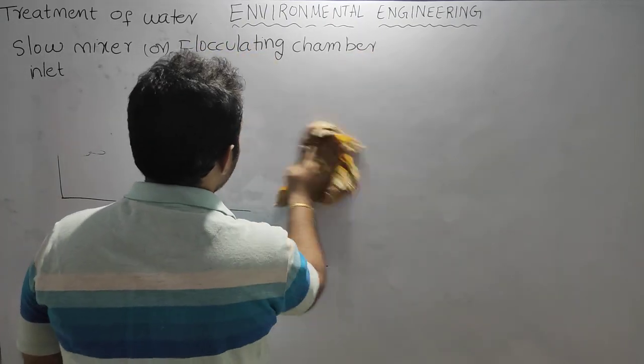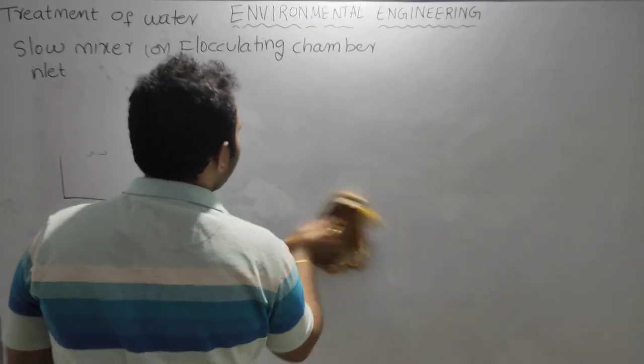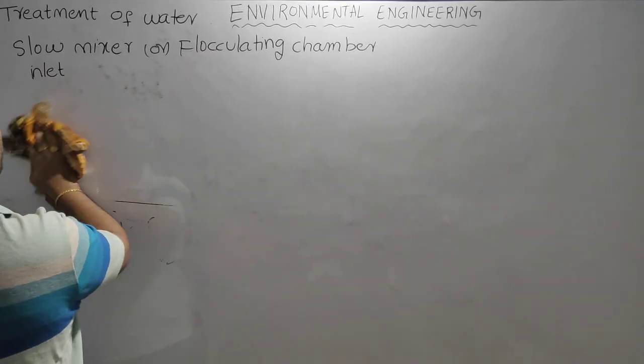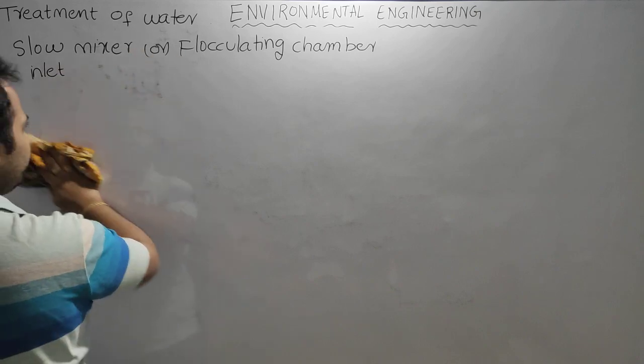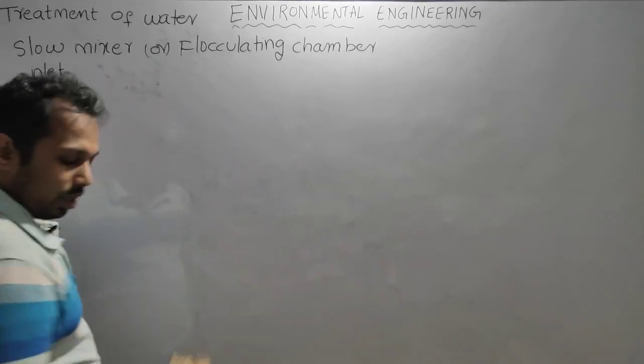Here in the flocculating chamber, G and TD play a major role, which I have already told you and explained logically. The logical explanation is over.